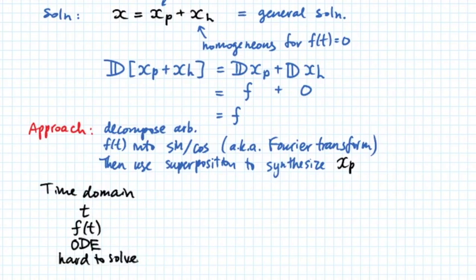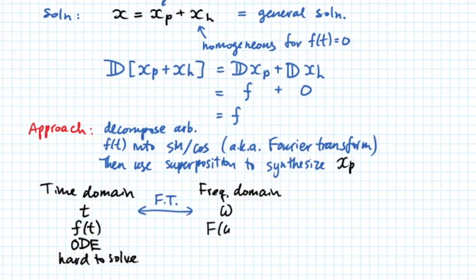The alternative is to work in frequency domain. There we write variable as a function of one frequency, omega. To go from time domain to frequency domain and back is performed via Fourier transform. The force we decompose into harmonics of omega.